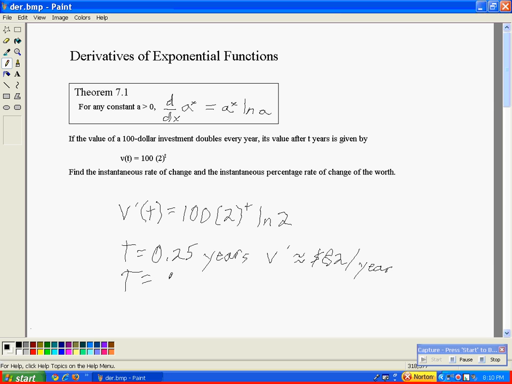When it's been 0.75 years, the third quarter, then V prime becomes $117 per year.